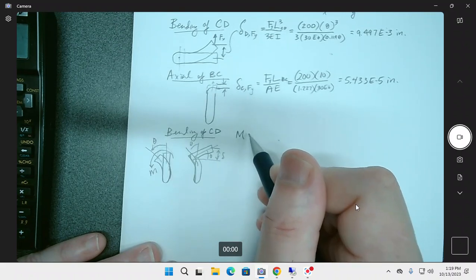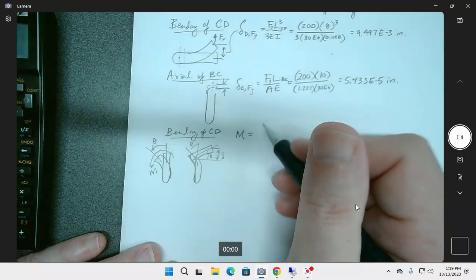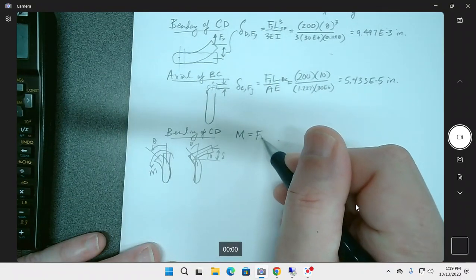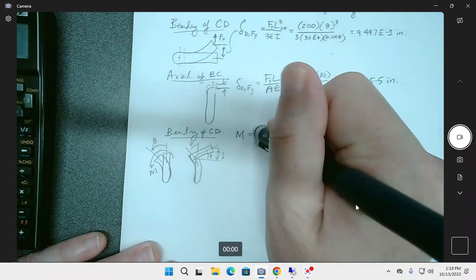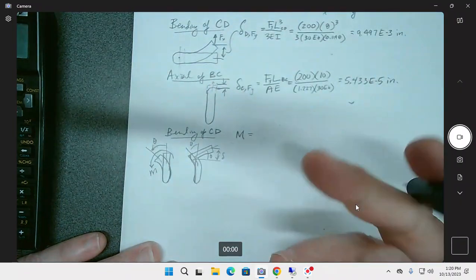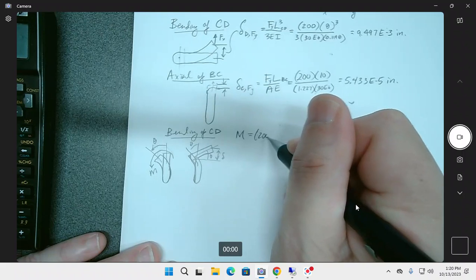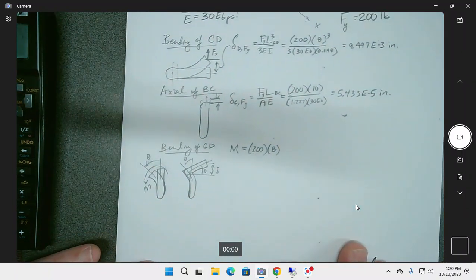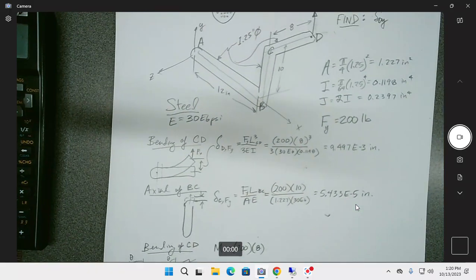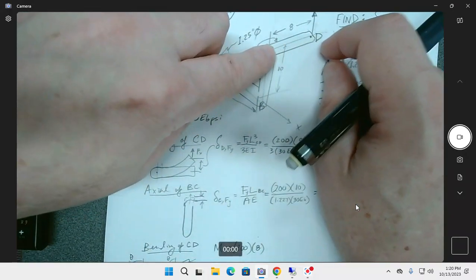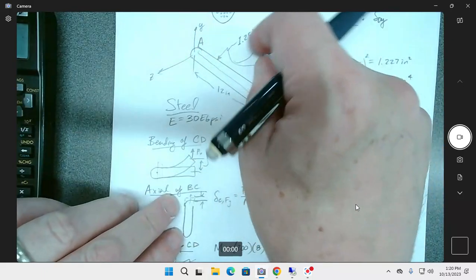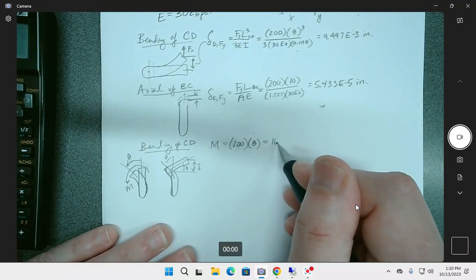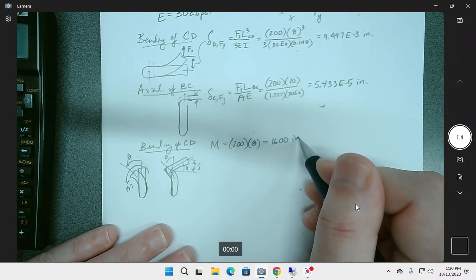So the moment, without doing a free body diagram, because that would have been the right thing to do, is just going to be Fy. Well, I can just put the numbers in. It's going to be 200 times 8. Right, so looking back up at the top, this guy right here, holding right here, he creates a moment about that spot of 1,600 inch-pounds.